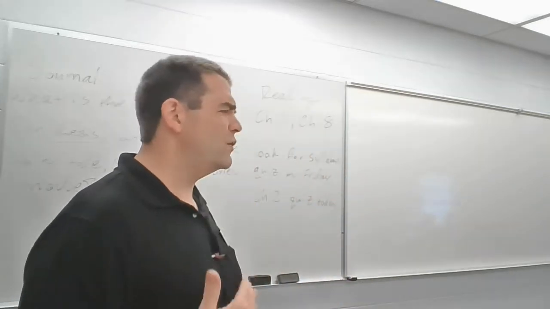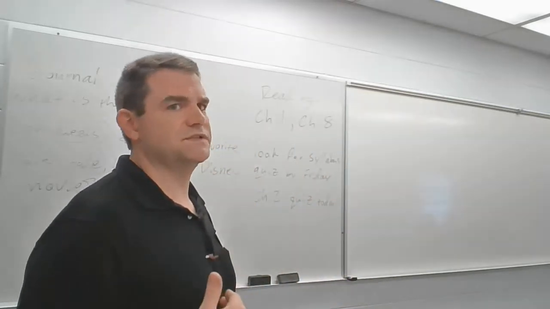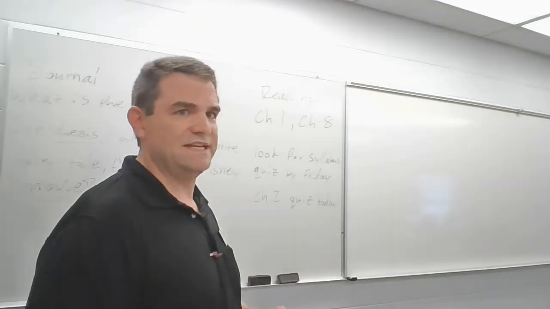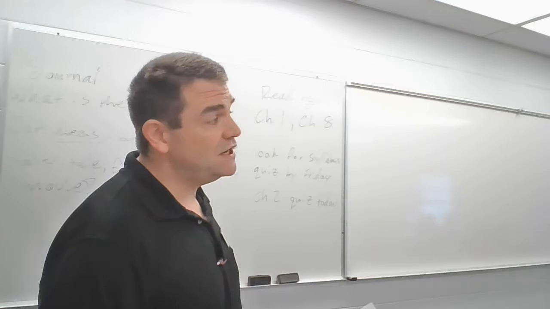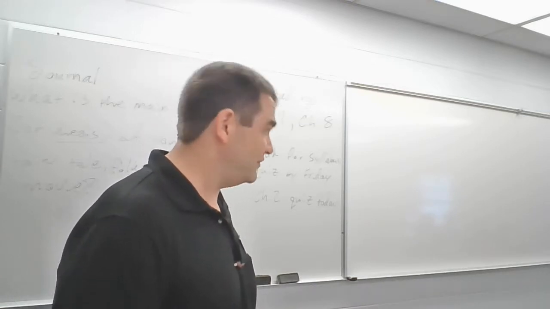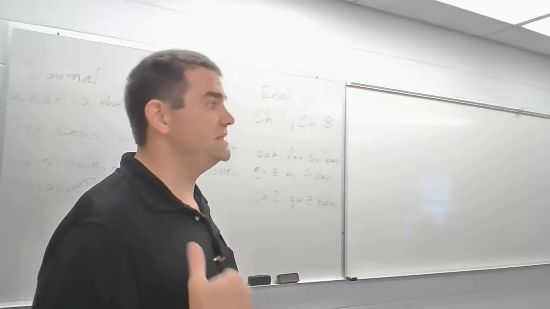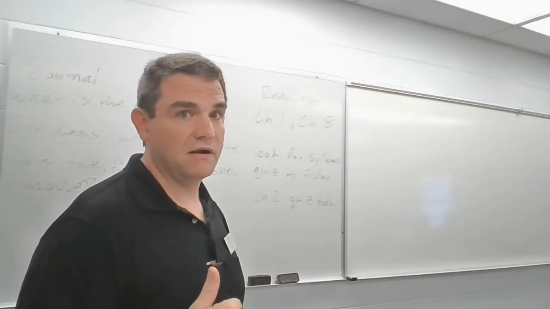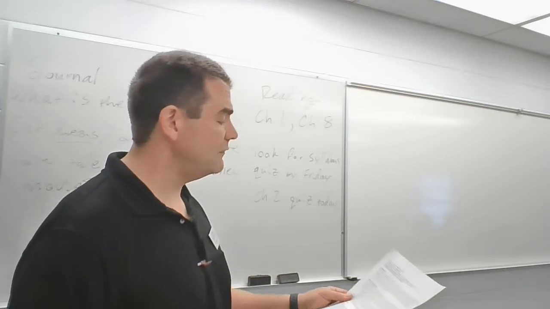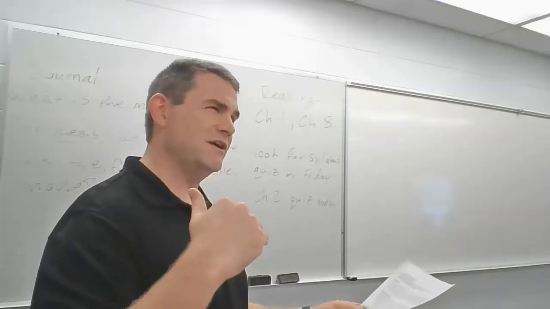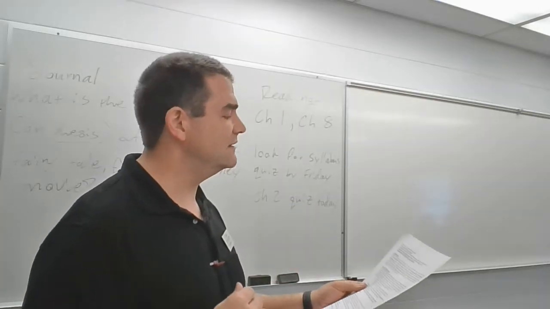But it doesn't make a whole lot of sense to put the thesis as the first sentence, because the purpose of the thesis is to focus your ideas. If you haven't given the reader any clue about what your ideas are going to be, you can't really focus them. So for that reason, we want the thesis to be at the end of the introduction and not the first paragraph. Okay? In the first sentence, not the end of the first paragraph, not at the beginning. I don't think I said that clearly.